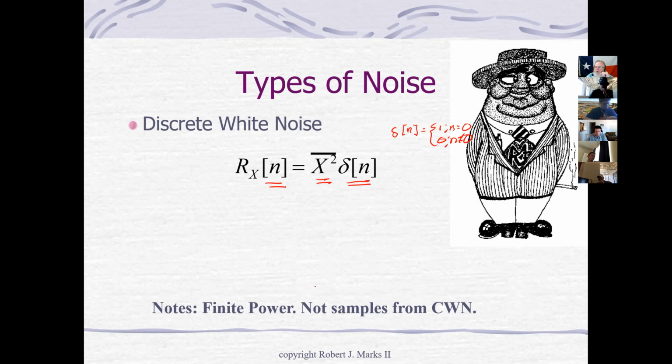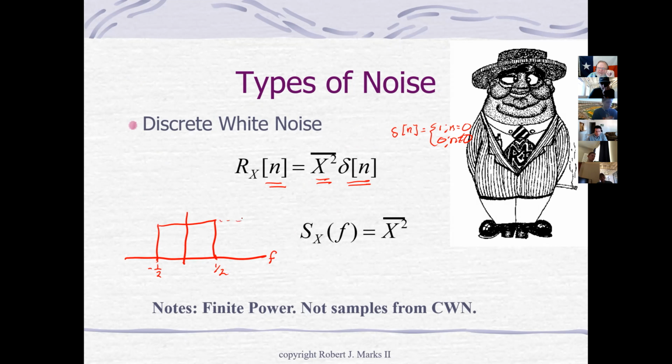It's the discrete equivalent of a Dirac delta. But the interesting thing is that the power spectral density is x bar squared, but that power spectral density only exists and is only applicable over the frequency range from -1/2 to 1/2.